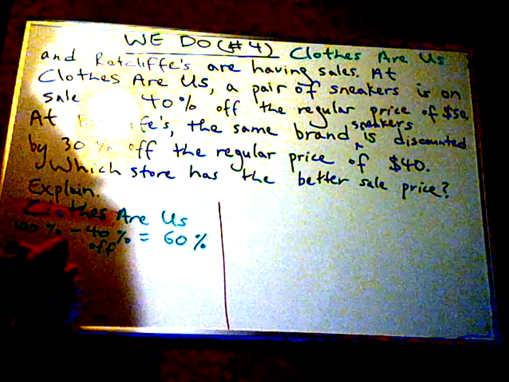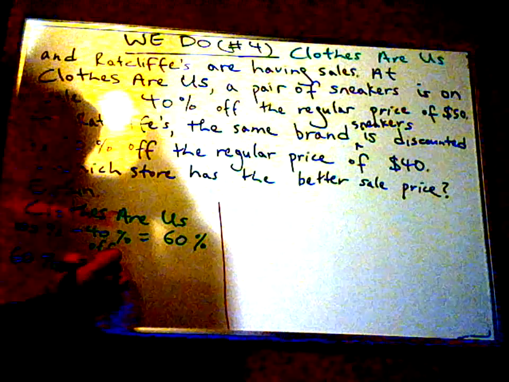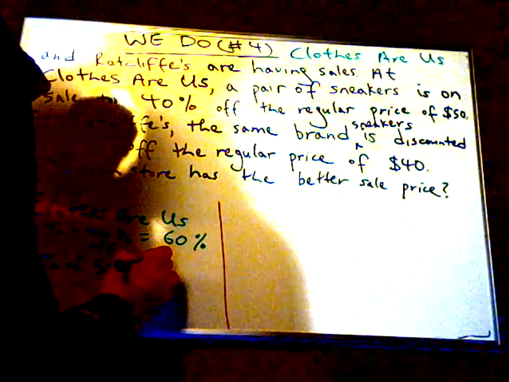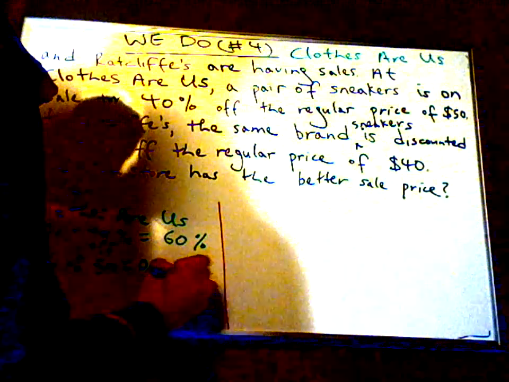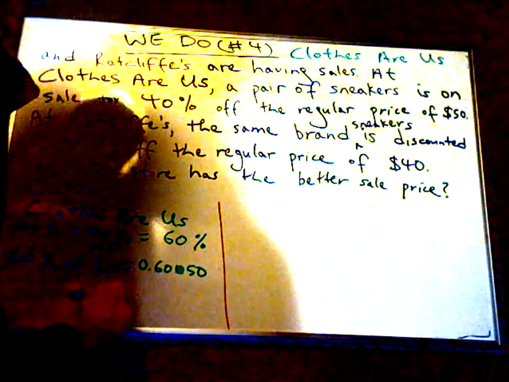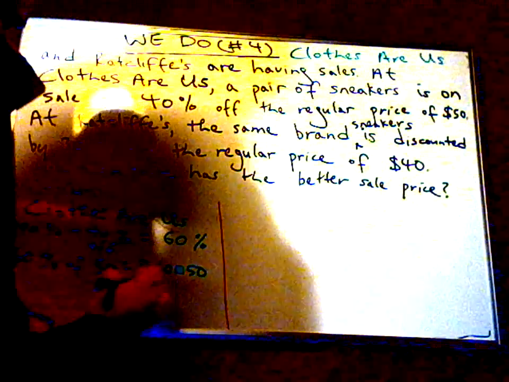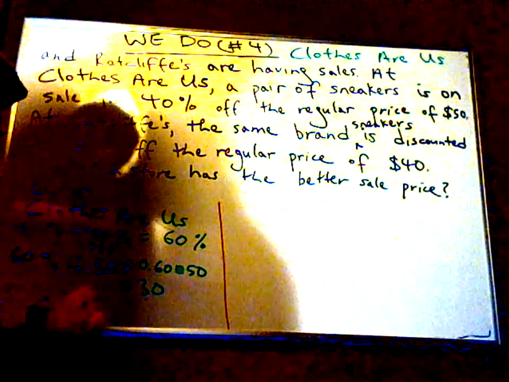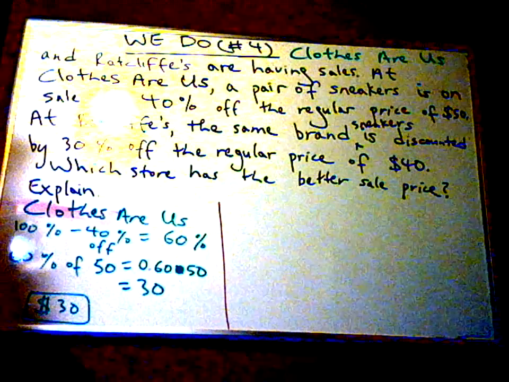So 60% of $50 is 0.60 times 50. Use a dot for times. And when I do the multiplication, I get $30. That's what it's going to cost at Clothes Are Us.